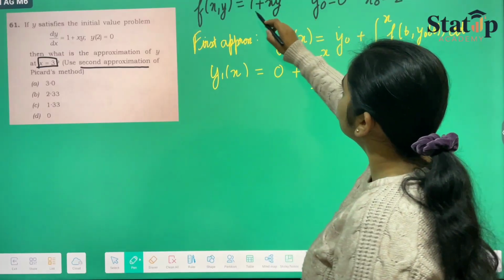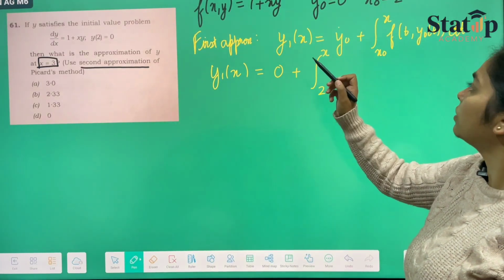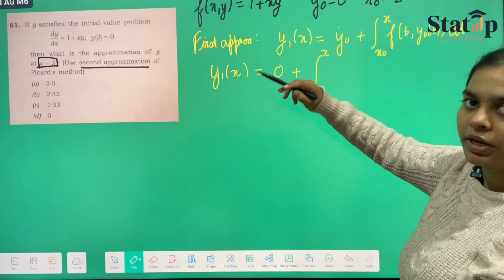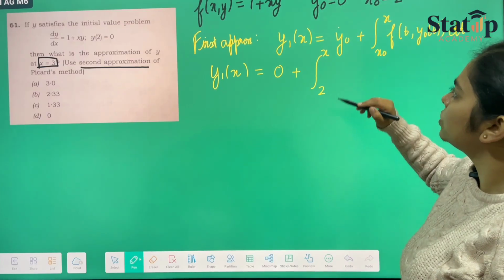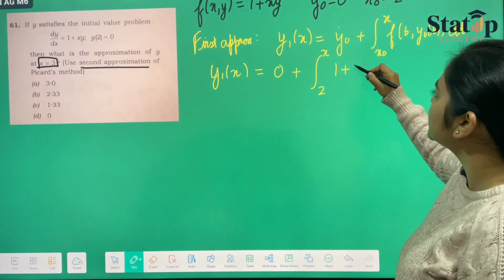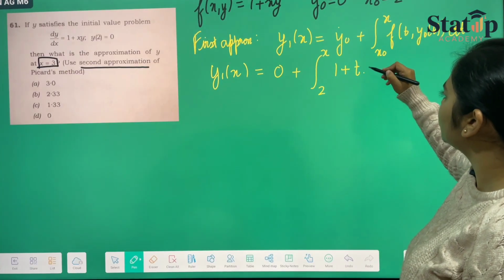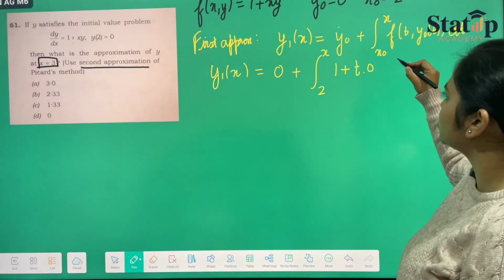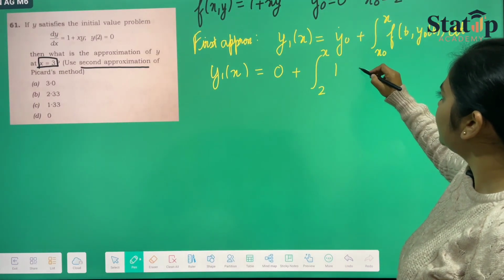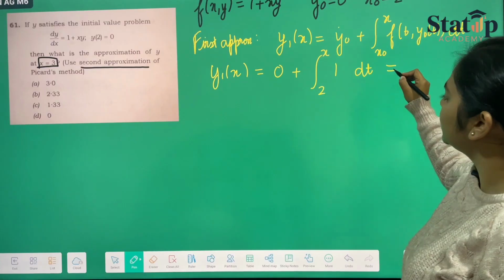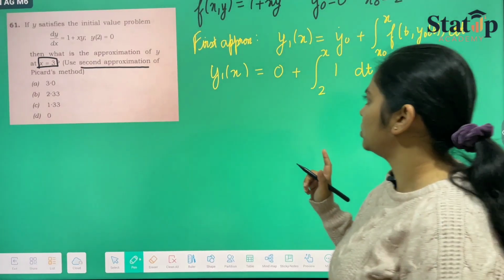And f(t,y): in place of x we'll put t, and in place of y we'll put the value of y naught. y naught is nothing but 0 here. So we'll put 1 plus t into 0. y naught(t) is equal to 0, so it will be nothing but 1 dt. On solving this integration, we'll get x minus 2 as our first approximation.